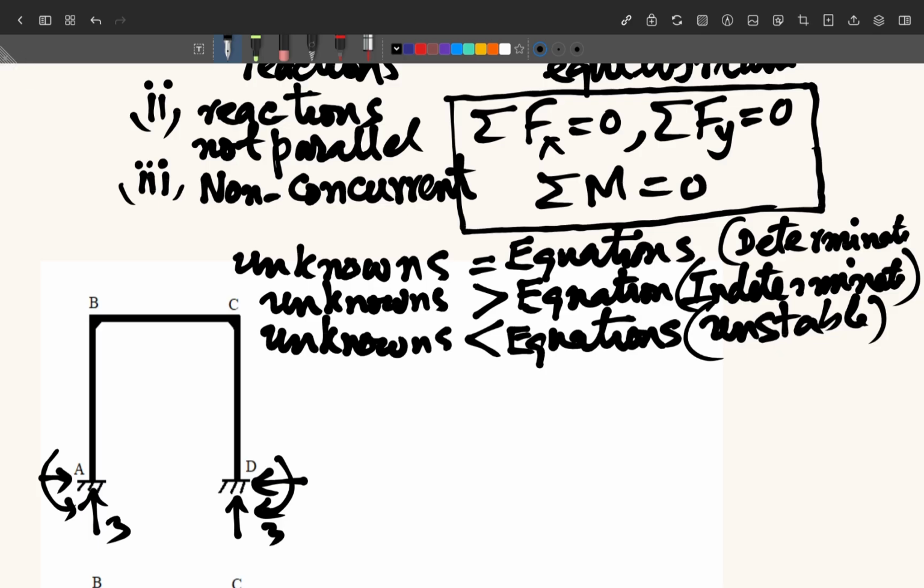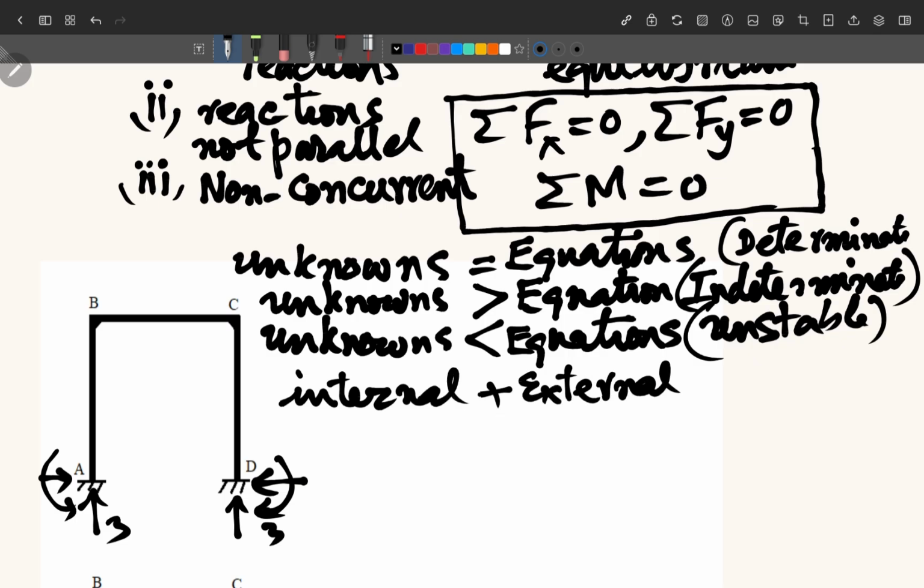So first we will be calculating the unknowns. In this case, internal unknowns plus external unknowns. Here internal we can say 3 into 3, each member has 3, and external depends upon the support types.